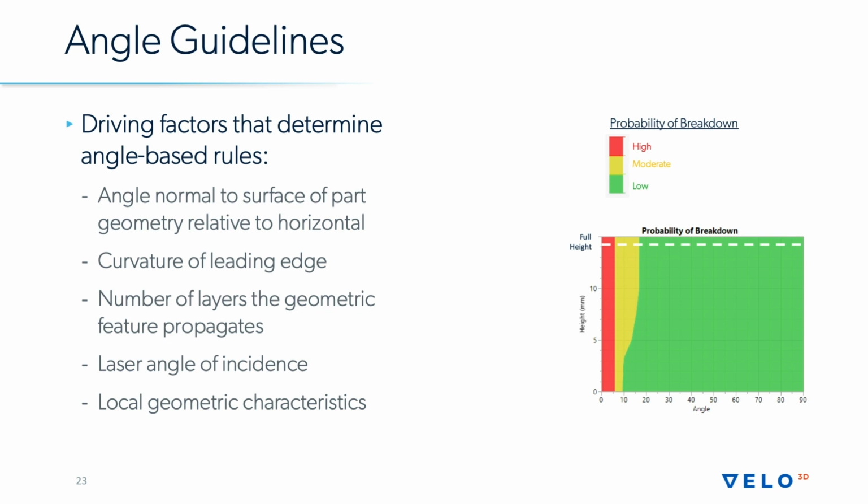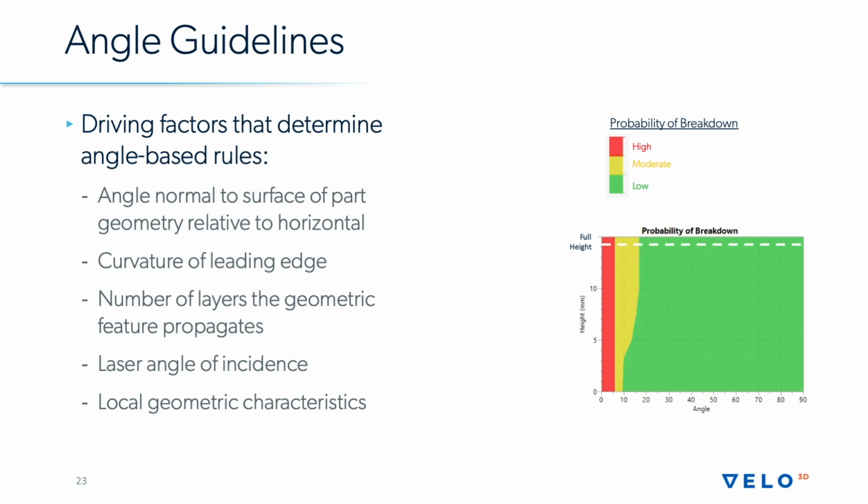Yellow is getting marginal, and so there's a good chance that you need to consider changing things. You might add supports, you might change the geometry, you might change the orientation. And red, you're almost guaranteed to be running into some problems, some sort of build failure associated with these types of breakdowns. So I'm plotting everything out as a function of angle on the x-axis and height being z height that you're propagating this particular feature for.